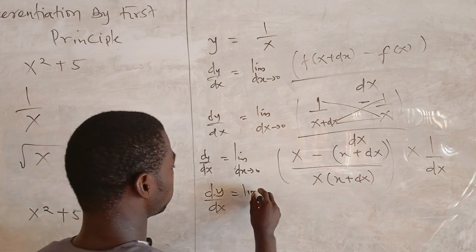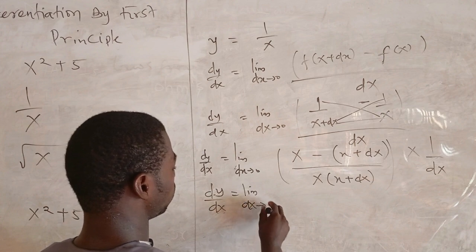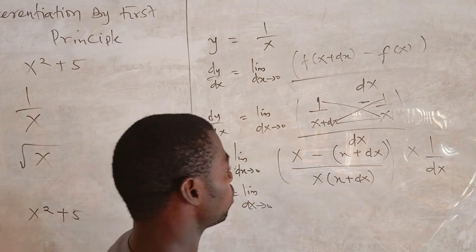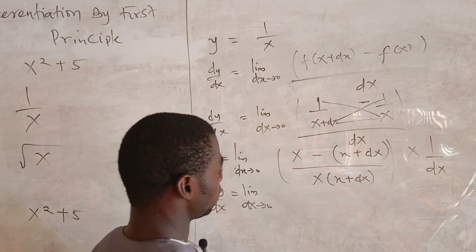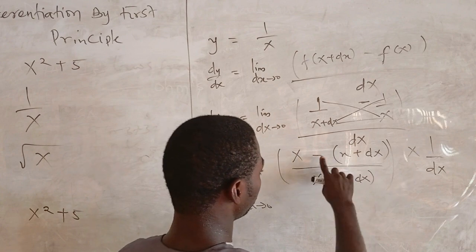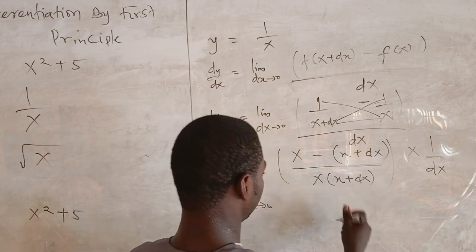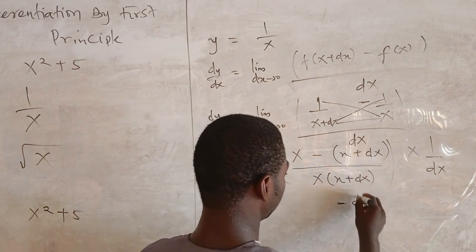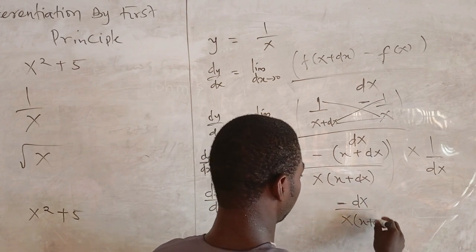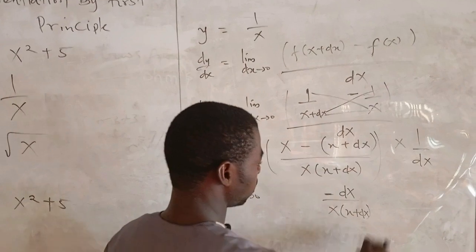is equal to the limit as dx approaches 0. Okay, so we have x minus x, which gives us 0, right? x minus x gives us 0, so we are left with minus dx. So this becomes minus dx all over x into x plus dx, right?